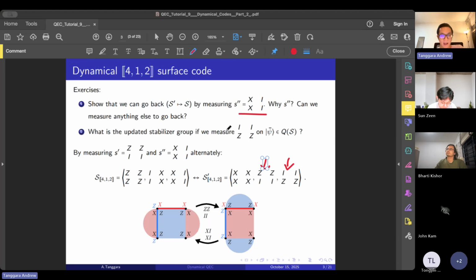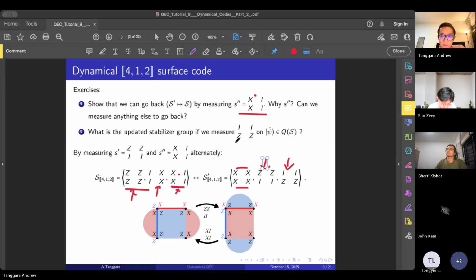If you just apply the update rules, you combine these into one big 4-qubit operator like this guy, and this one remains, and this is going to be your new stabilizer, which is this one. You can also get this by just multiplying this with this weight-4 stabilizer, so it's just equivalent.